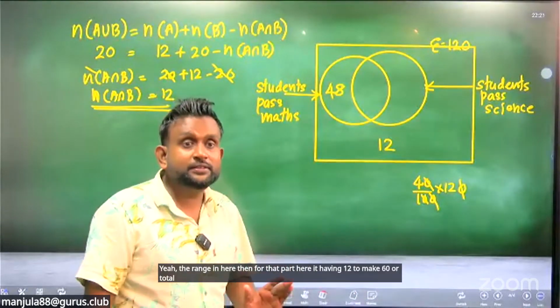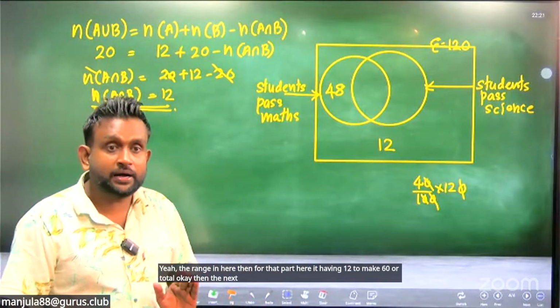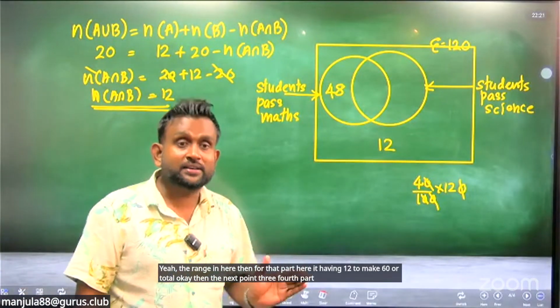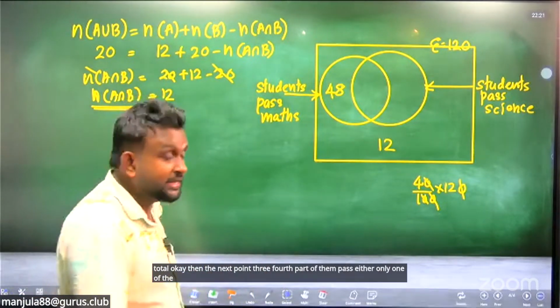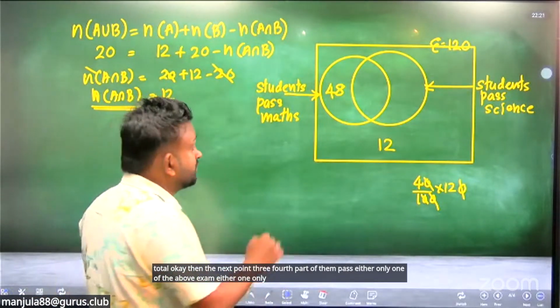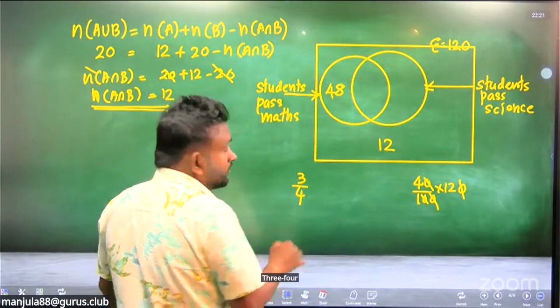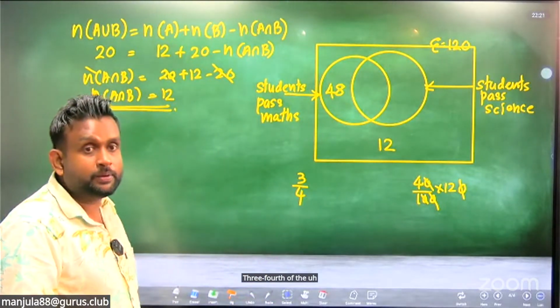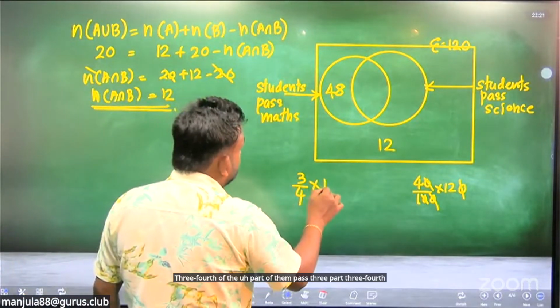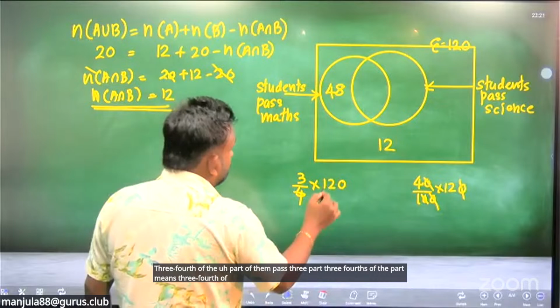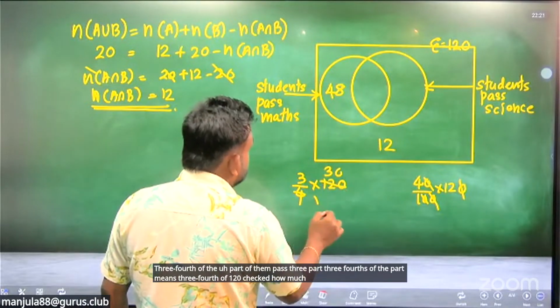The next point: 3/4 of them pass only one of the exams. 3/4 of 120, check how much: 120 divided by 4 is 30, times 3 is 90.